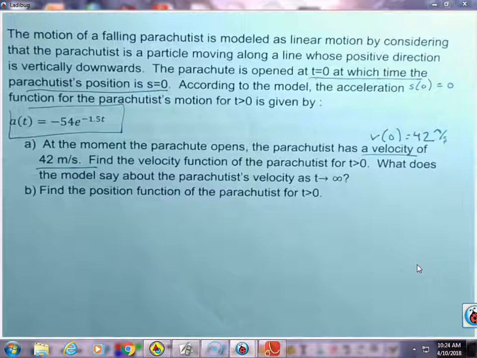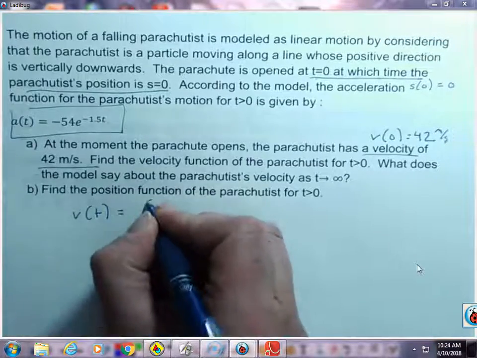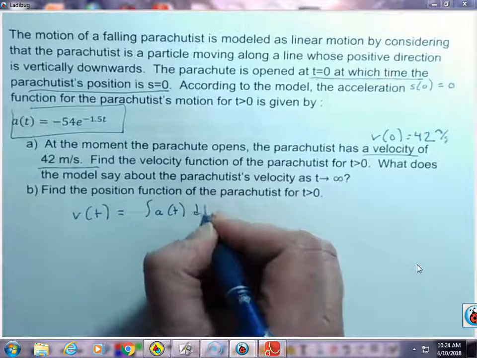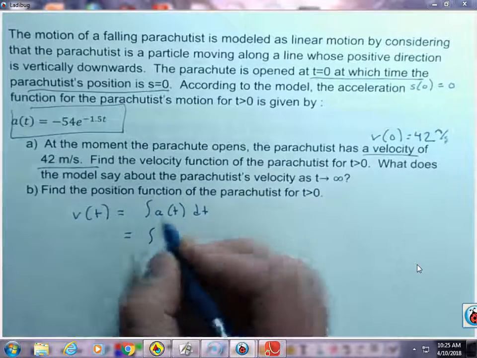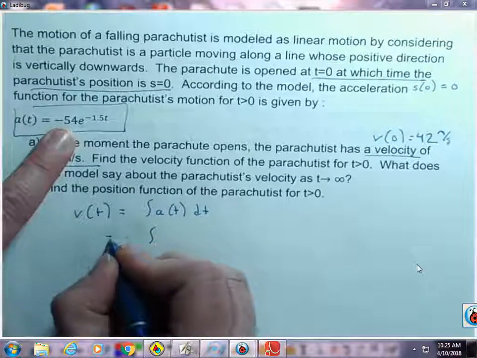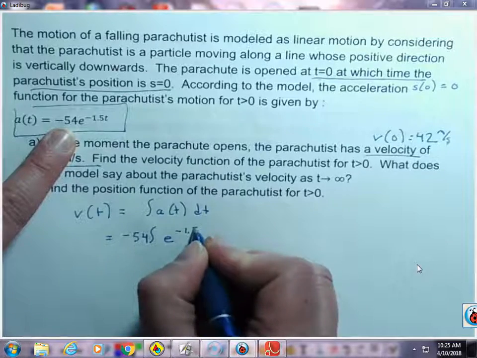I have acceleration, I want velocity, what do I need to do? Yes. So velocity is the integral of acceleration. I'm going to go ahead and take the negative 54 out and just put this.